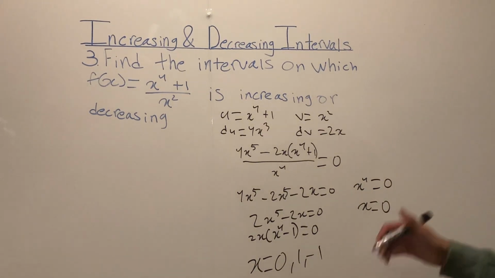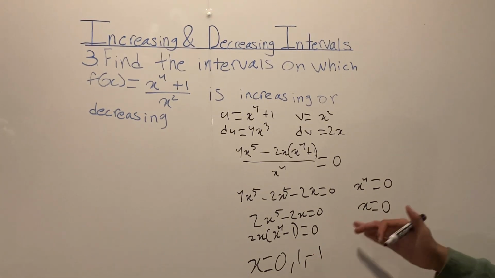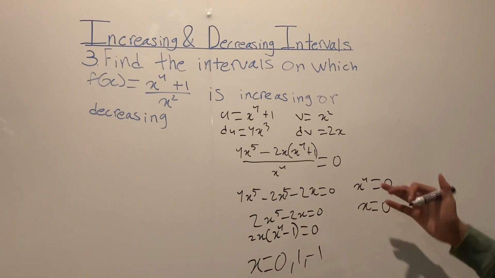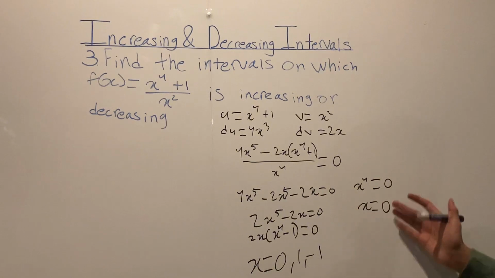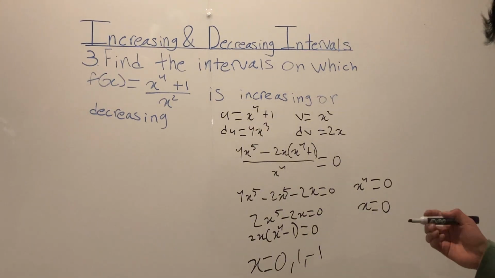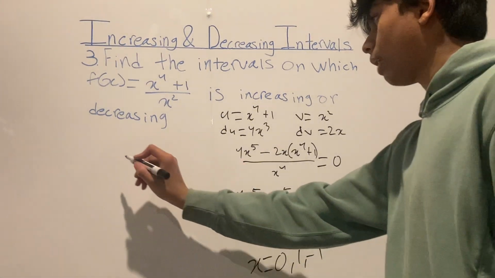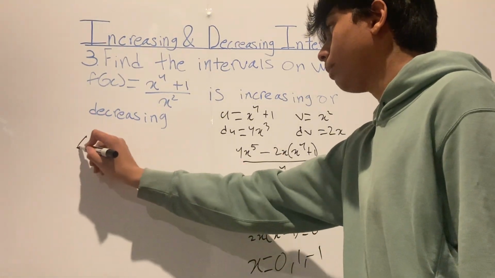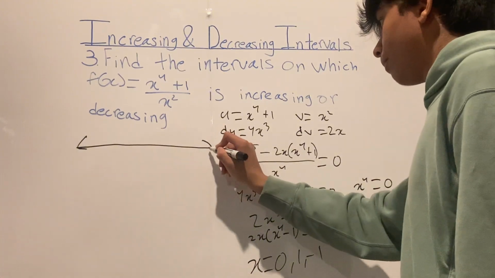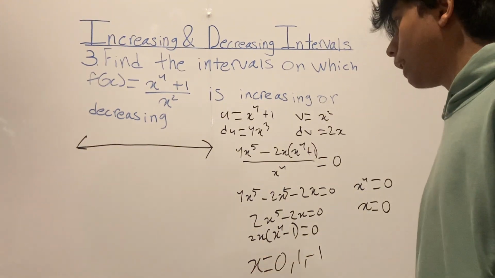Since we have two that are the same, the vertical tangency takes over, because this implies that at x equals 0 the function doesn't exist, as it's a vertical tangent line. There's no slope there; the slope is undefined. Okay, so now we can draw our sign diagram, and we have 0, 1, and negative 1.